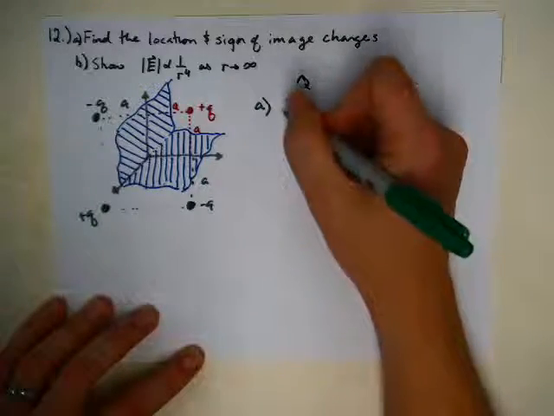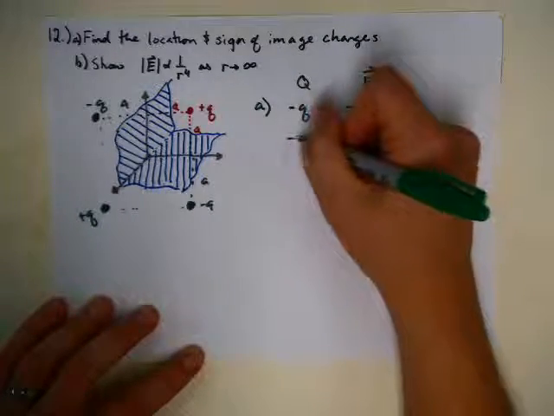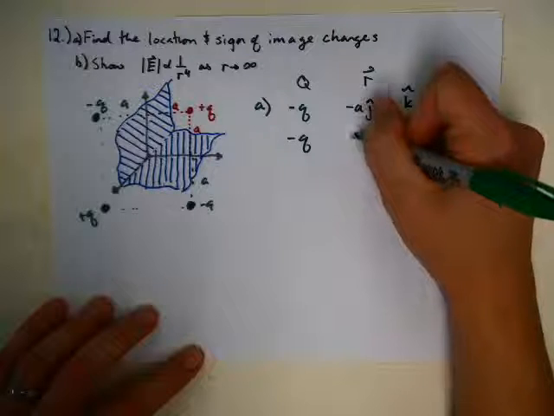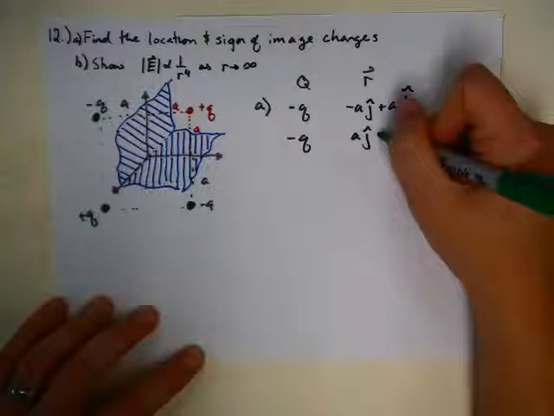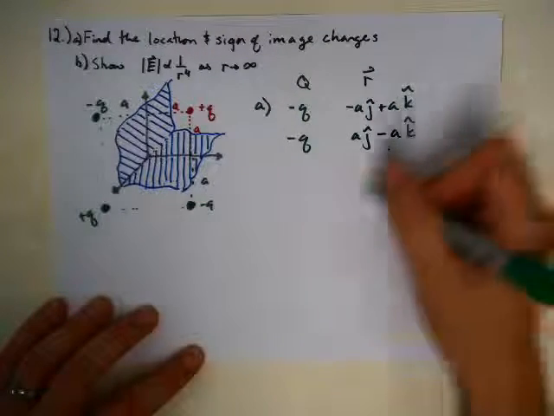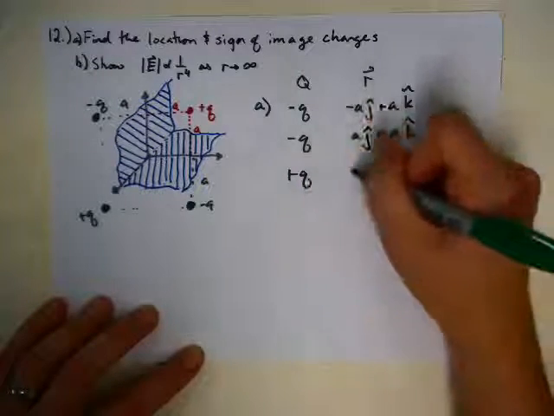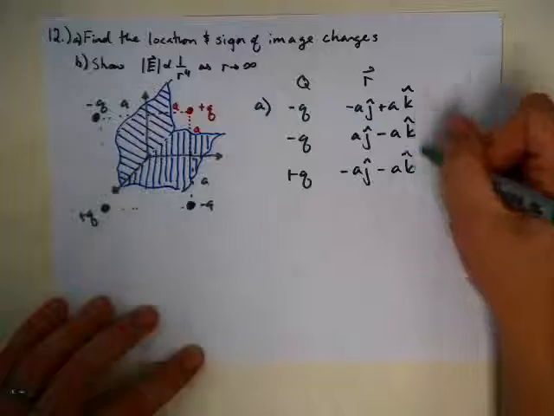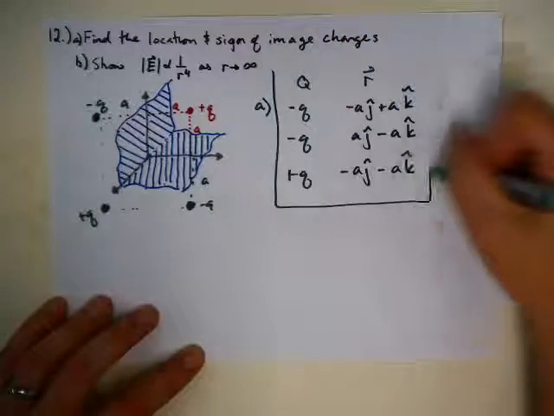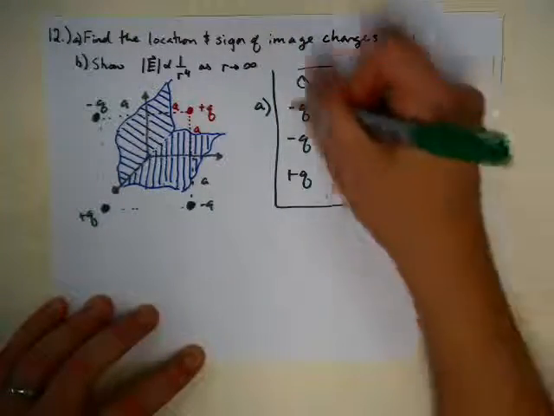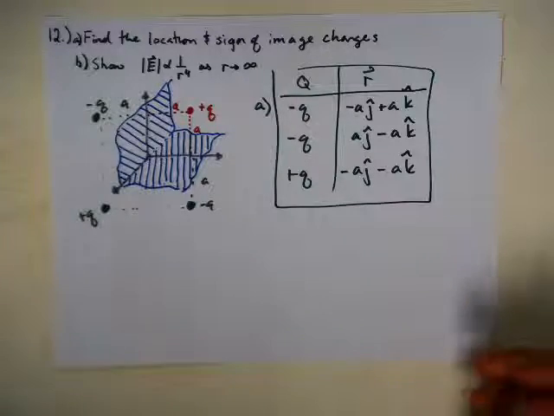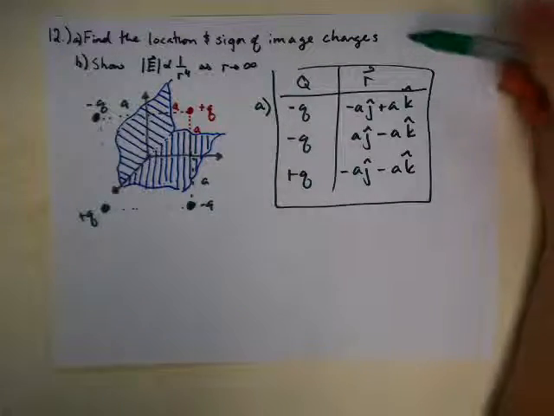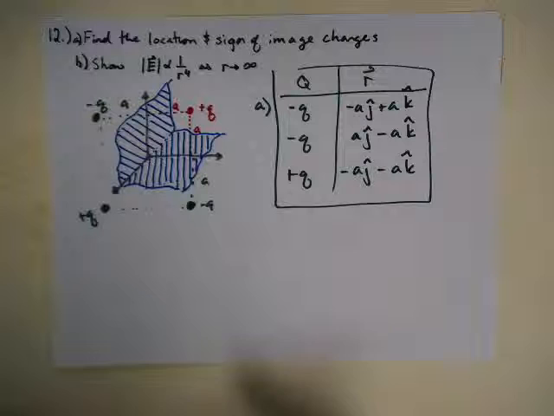Then I'm going to have another image charge of minus q at plus a in the j hat and minus a in the k hat. And an image charge of plus q at minus a in the j hat and minus a in the k hat. And so there is the answer to the first part: find the location and sign of the image charges.